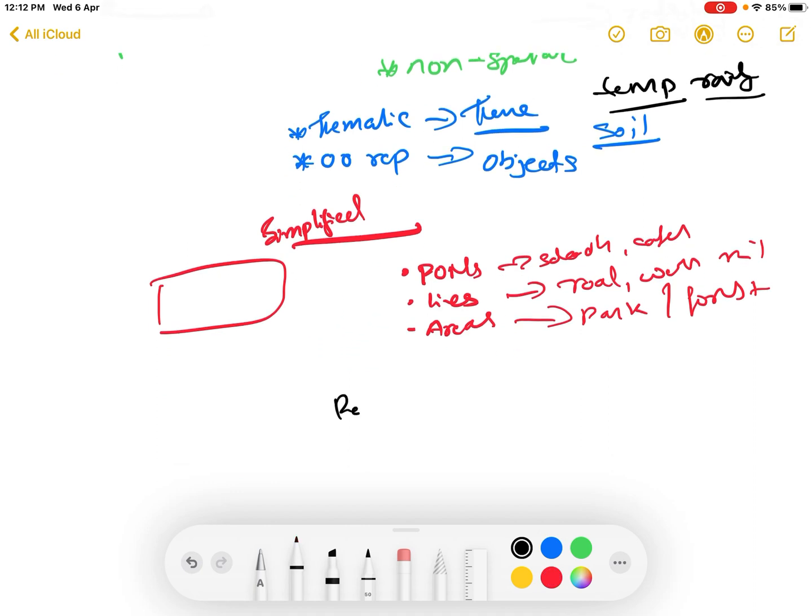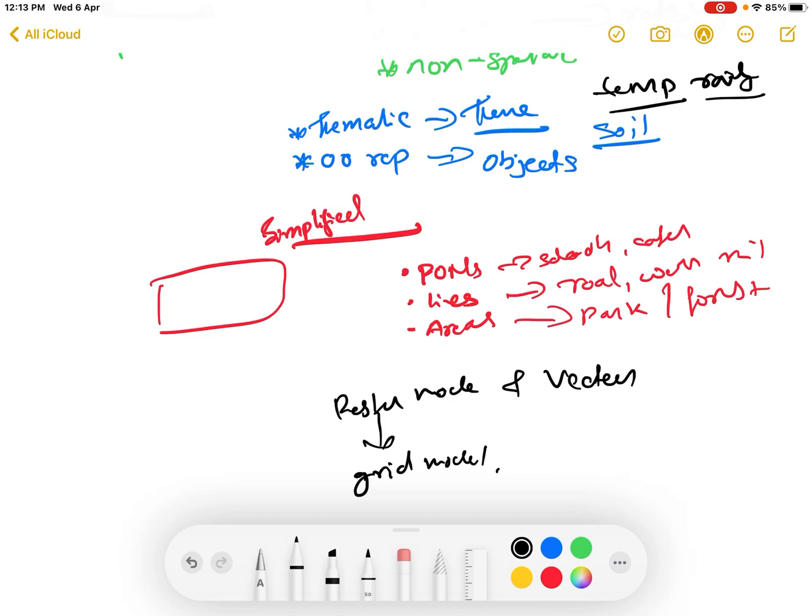So we have 2 models used to represent spatial data. They are called the raster model and the vector model. The raster model is also called the grid model.